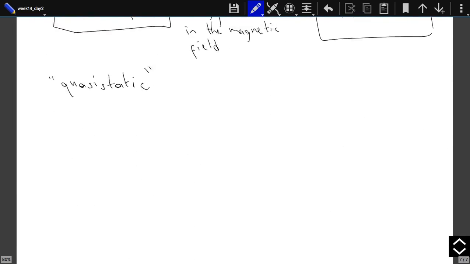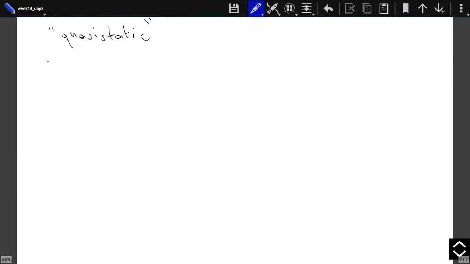So as a final subject of today, let's discuss the Lenz rule, or law, whatever. You see, we have this one, epsilon is equal to minus d phi B by dt.